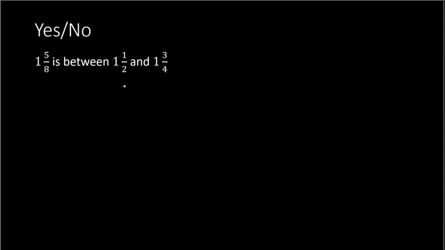We can easily convert 1/2 into something over 8. So 2 times 4 is 8 on the bottom, 1 times 4 is 4 on the top. So 1 1/2 would be the same thing as 1 4/8. And then 1 3/4, 3/4 you can write as 6 over 8, because 4 times 2 is 8 on the bottom, so 3 times 2 would give you the 6 on the top.